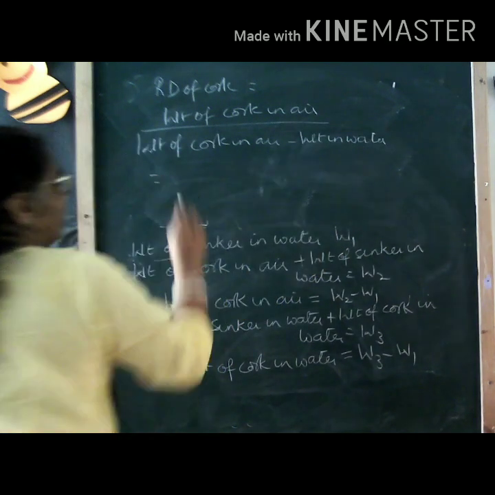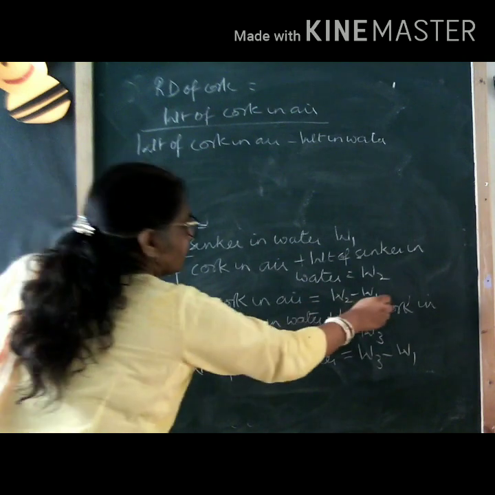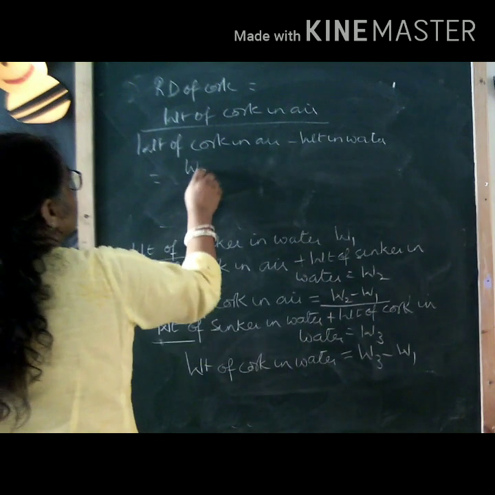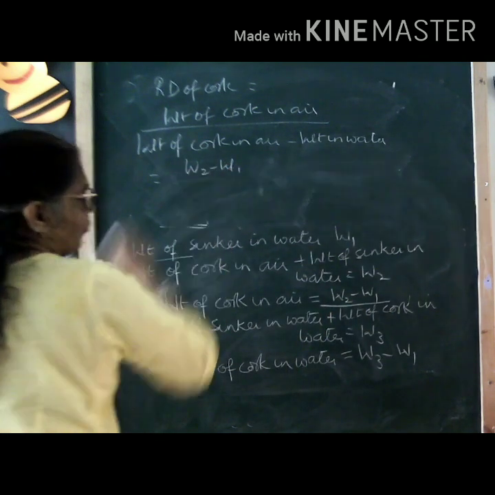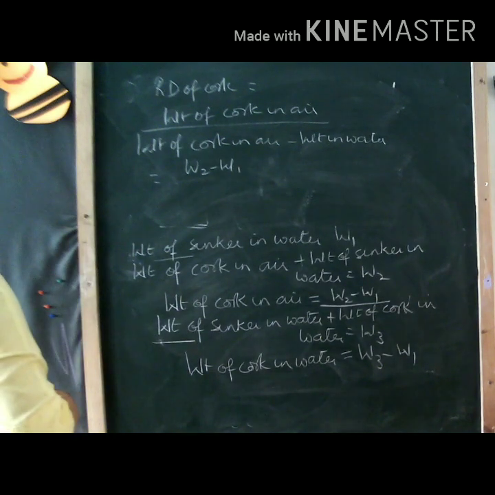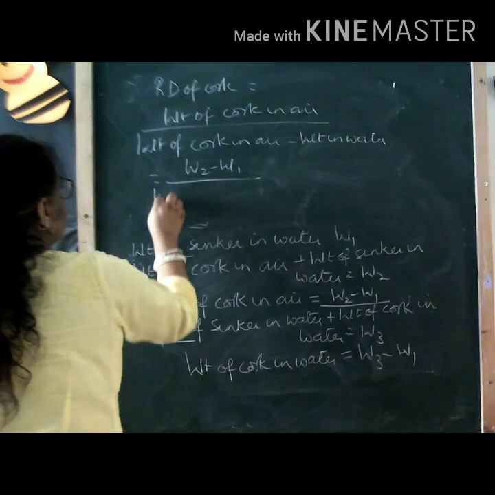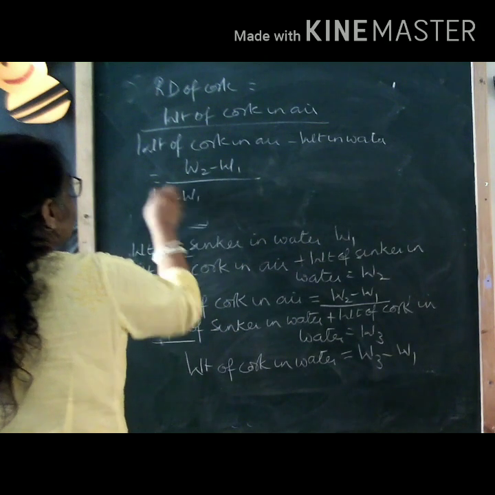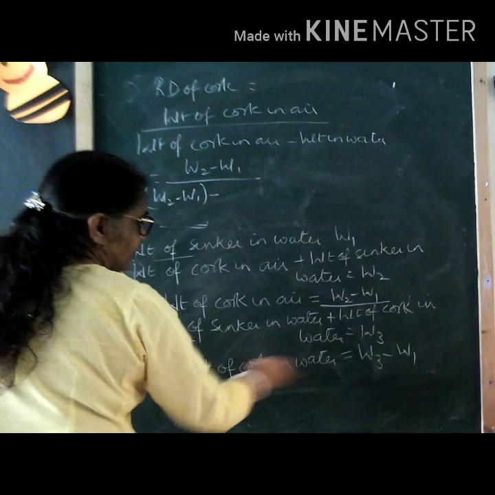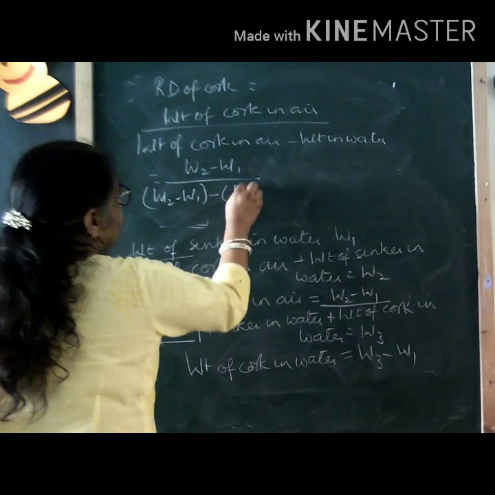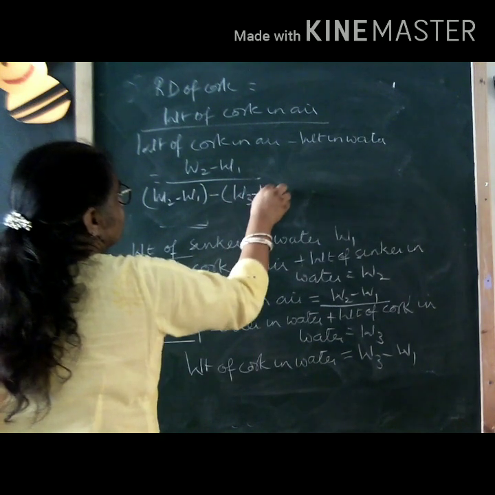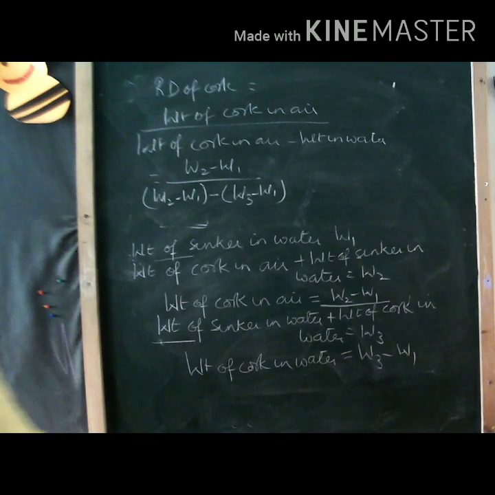I already know the weight of cork in air is W2 minus W1, and weight of cork in air again will be W2 minus W1, minus weight of cork in water, which is W3 minus W1. So by substituting the values, we will get the relative density of the cork.